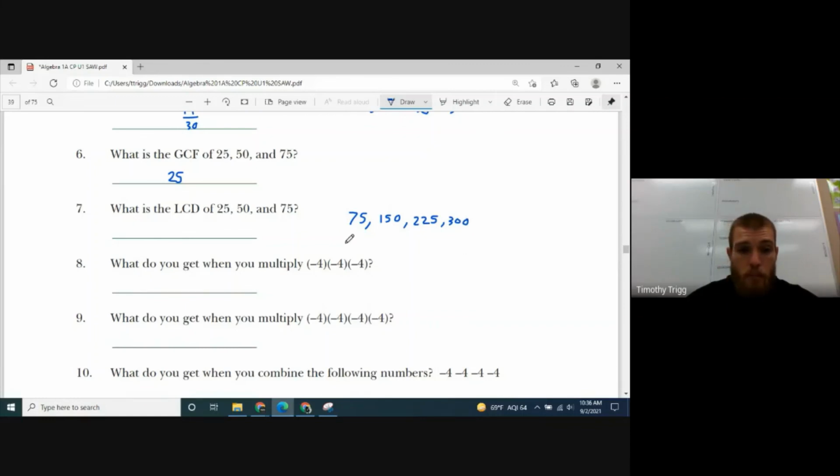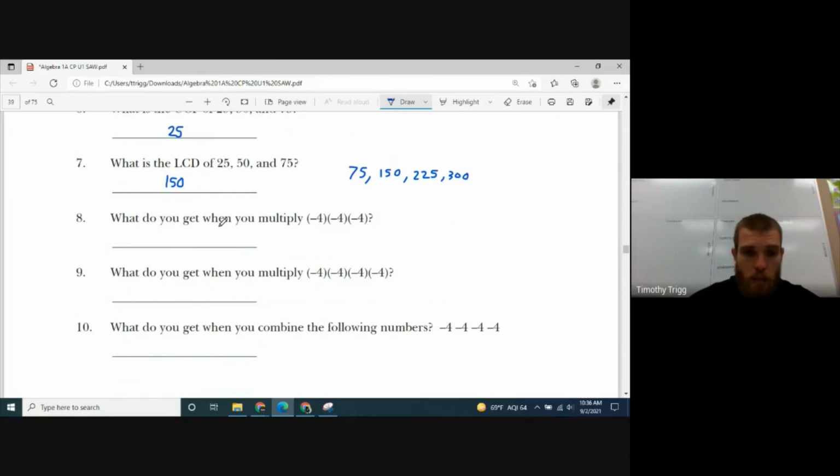And every multiple of 75 is also a multiple of 25. So we just need to look at what 50 goes into. Well, that goes into 150. So they all go into 150. And you can always check that as well.